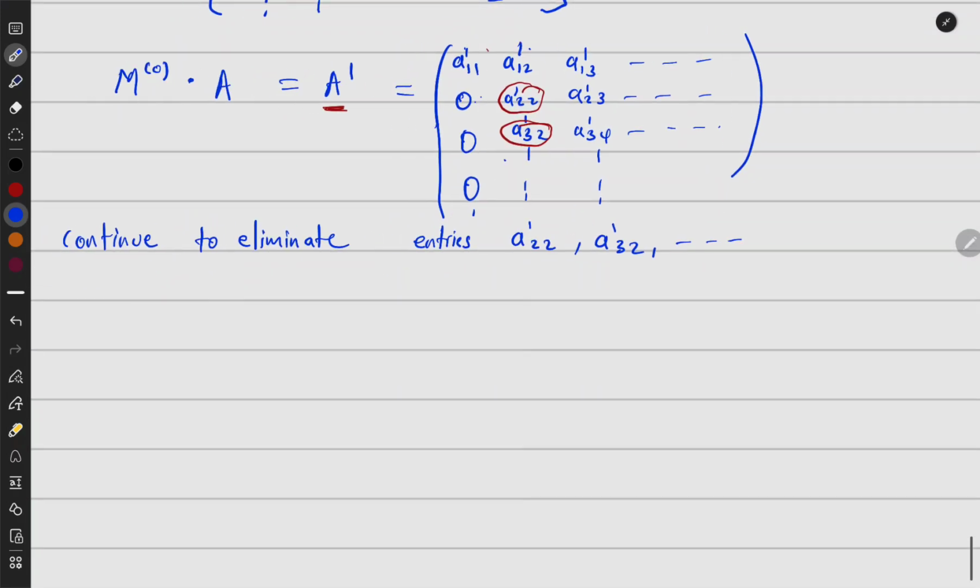Now this one helps to eliminate it. Now I create another M1, continue to eliminate that. So to eliminate those ones, I need M1 now.